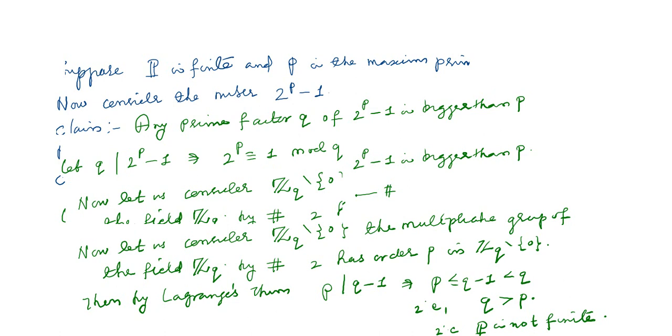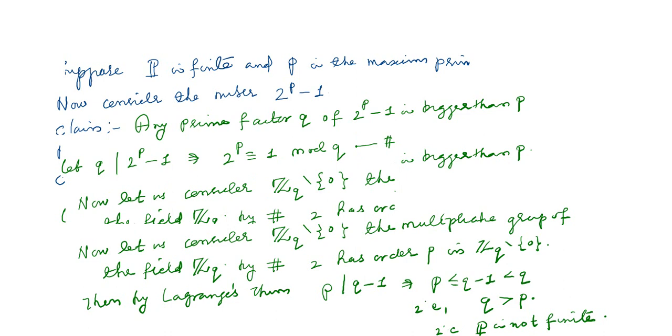If you are familiar with the congruence relation, this can be rewritten as 2^p congruent to 1 mod q, and I denote it as equation number hash. Now let us consider Z_q.